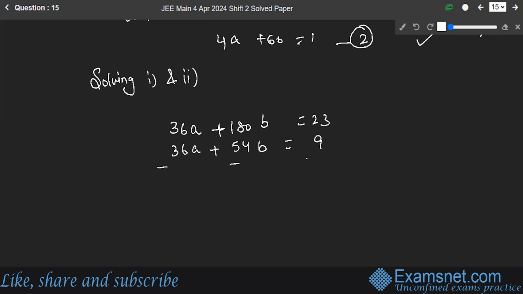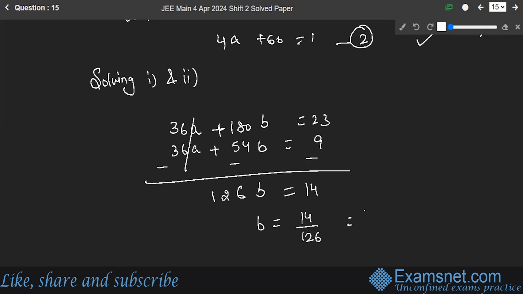Subtracting, the 36a will cancel and you'll have 126b is equal to 14. So you will have b's value as 1 by 9.